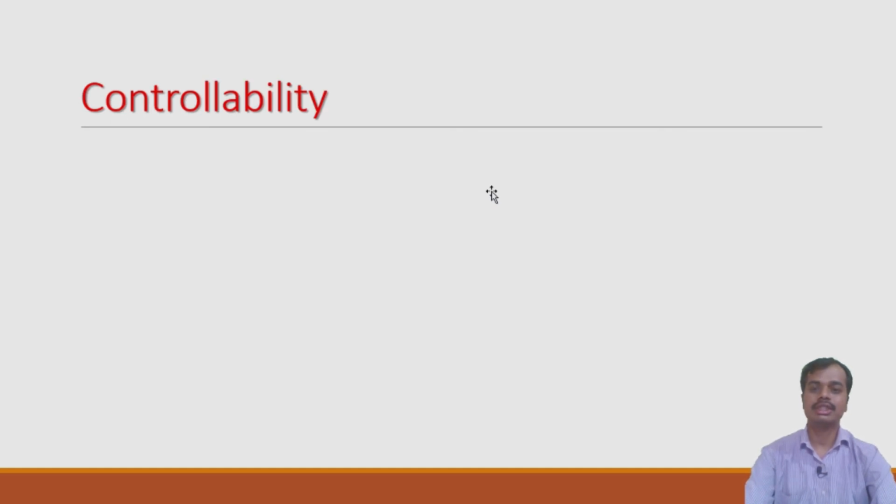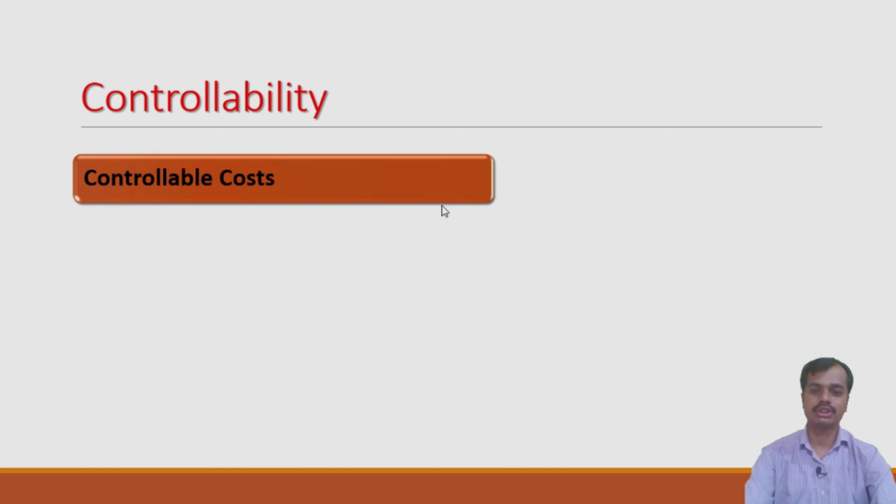Next type is controllability. Under this, costs are classified according to whether or not they are influenced by the action of management of the organization. On the basis of it, costs are classified into two categories: controllable cost and uncontrollable cost. Let's see first controllable cost.